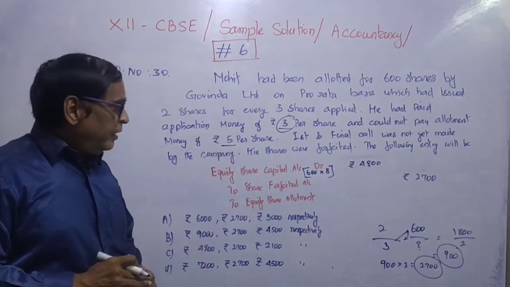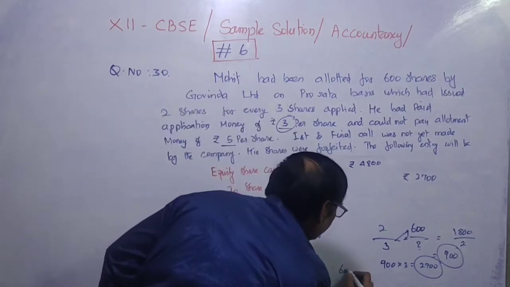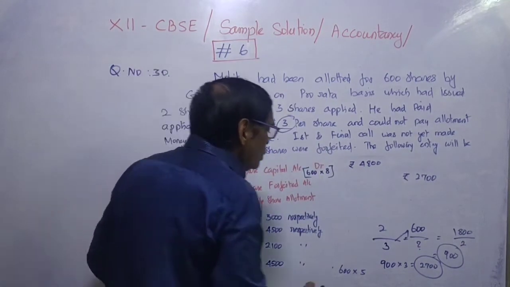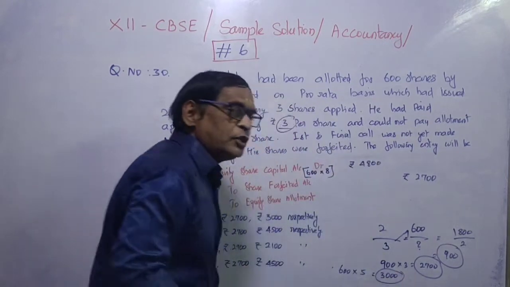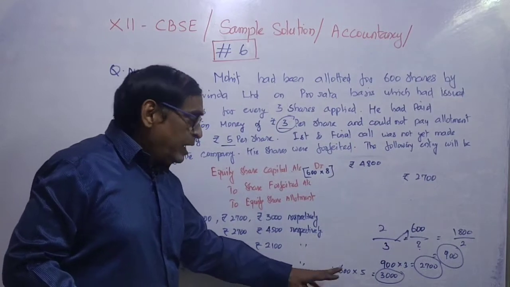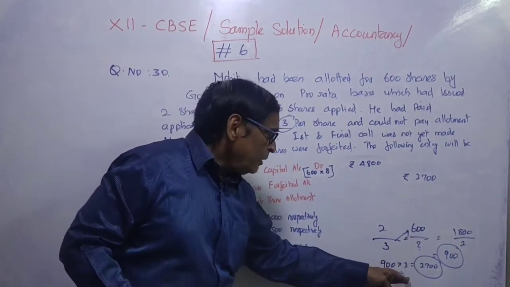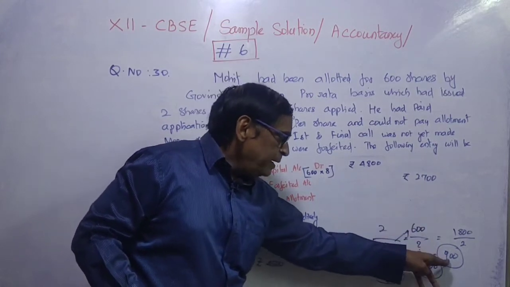share allotment money. Actually, what is the due of allotment money? 600 shares into 5 rupees, because per share 5 rupees is due. So 3,000 rupees he has to pay. But he has not paid any amount. But application money he has remitted. Actually, extra money: 600 shares allotted, applied for 900 shares.